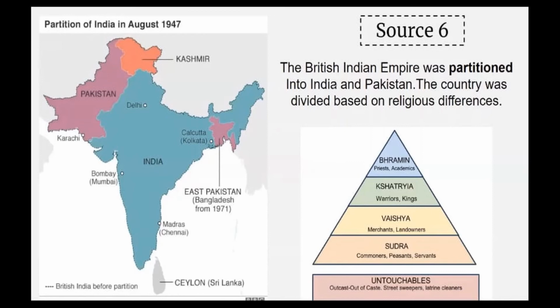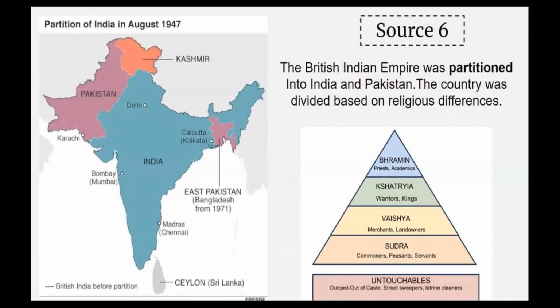The Indian Empire was partitioned into India and Pakistan. The country was divided based on religious differences. After India got its independence, it was divided into two countries, India and West Pakistan and East Pakistan.